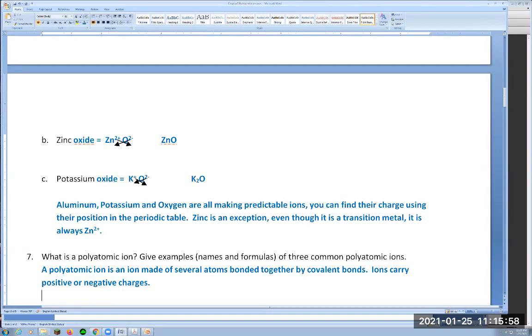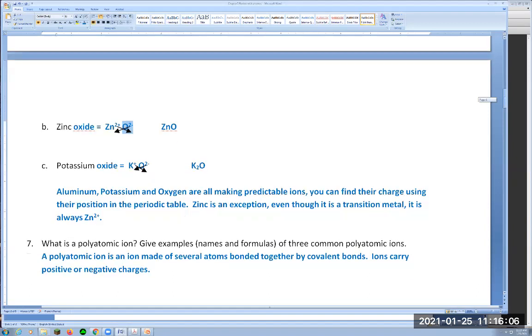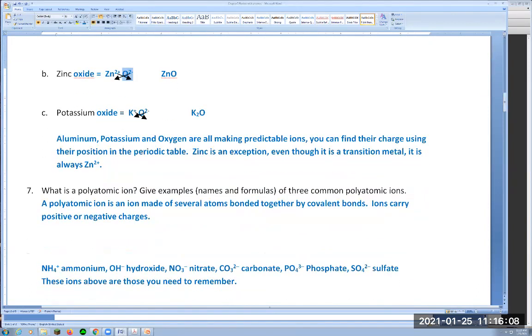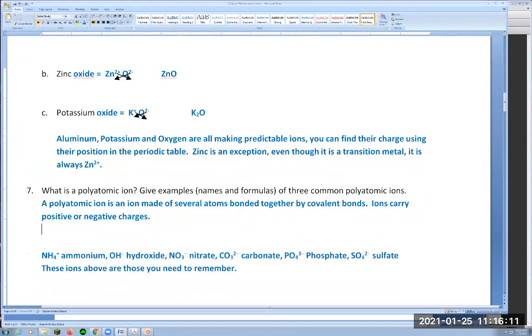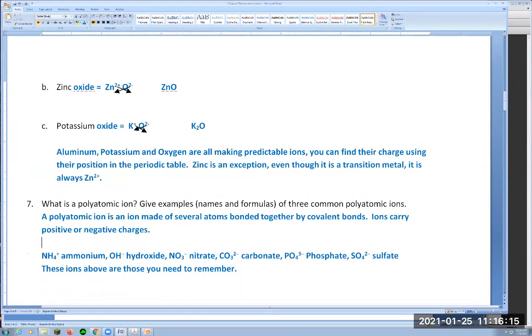So they will behave just like those ions we've seen above, the zinc 2+, the O2-, except that the formula will have more than one type of atom. And so here I'm showing a few that I want you to remember.